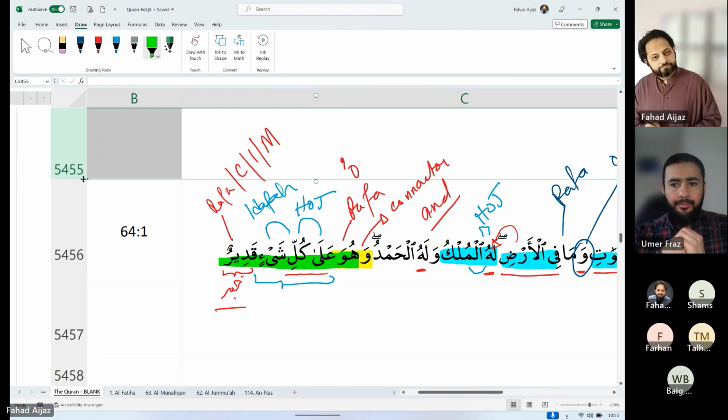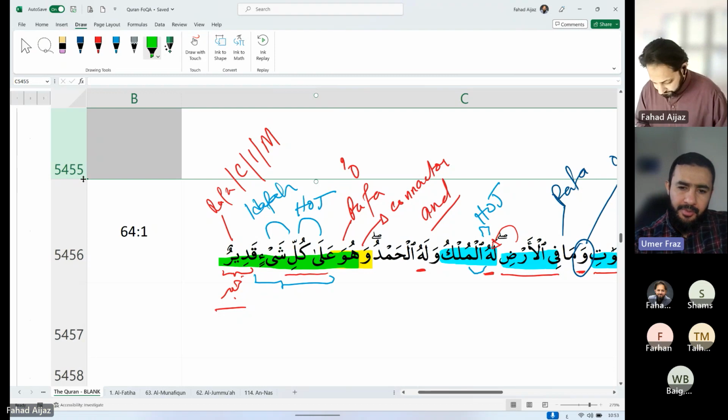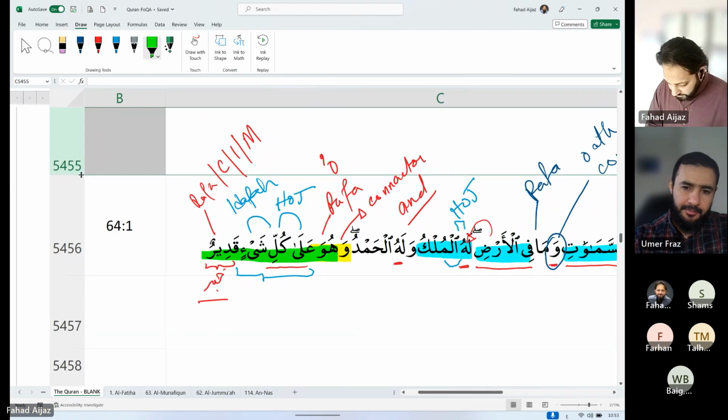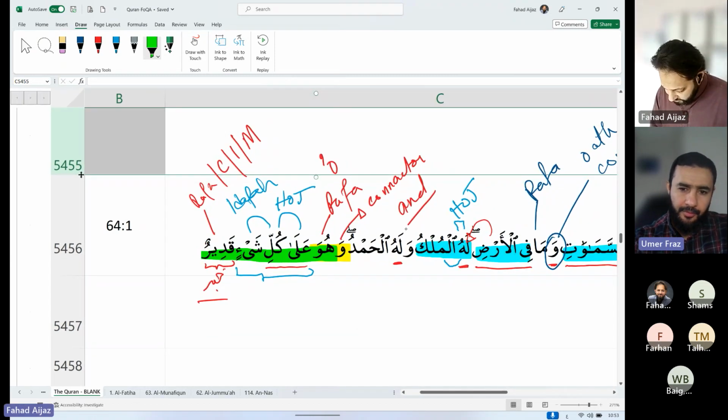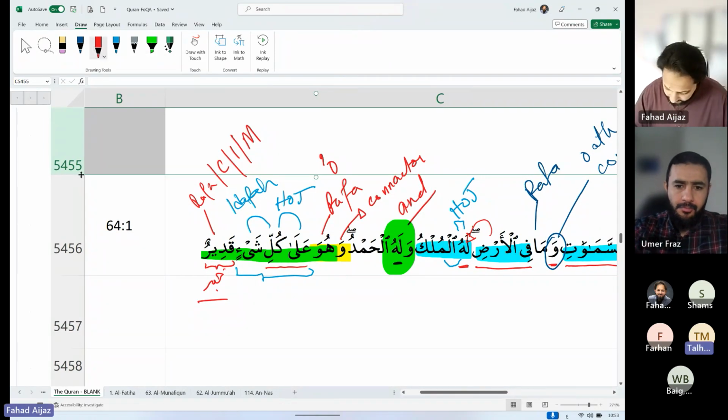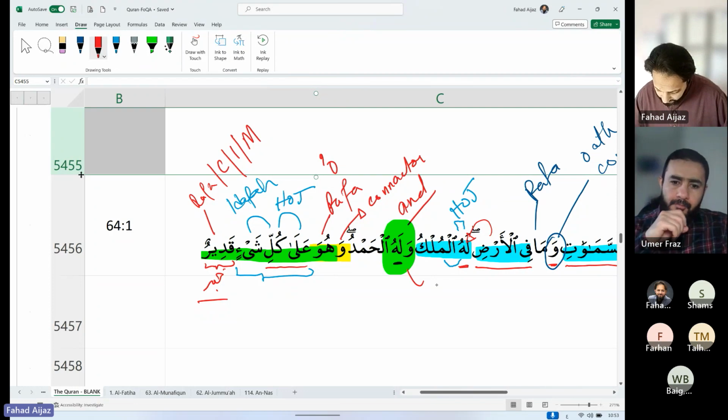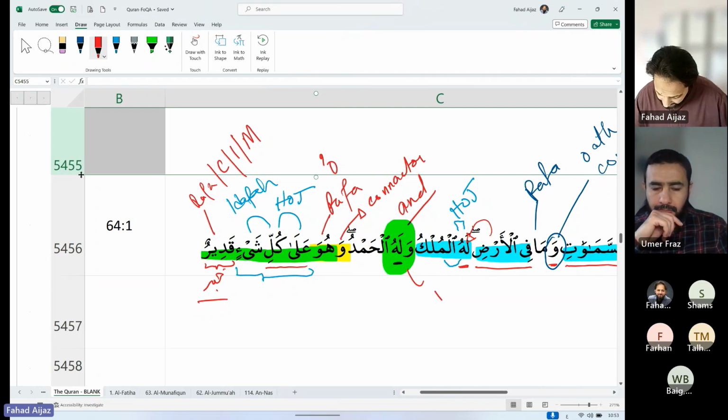What is lahu here? This one. Lahu, as we discussed, is a harf of jar with a pronoun. Yes, this is jar majroor. It was a lam, which was a harf of jar, and it was huwa, which is an independent pronoun.